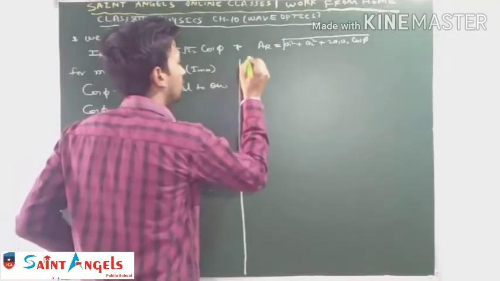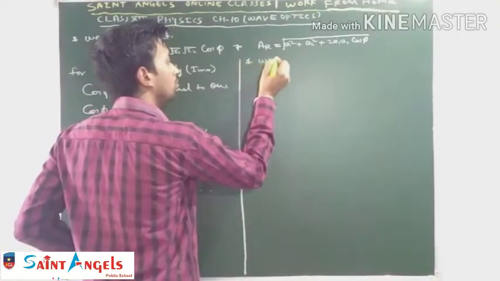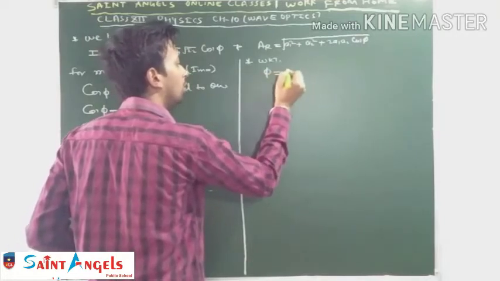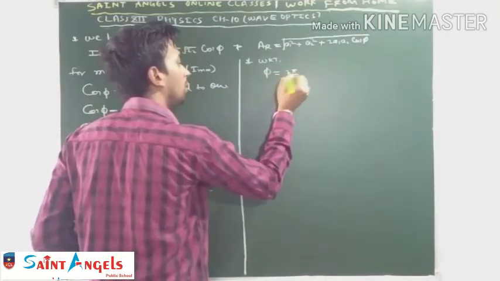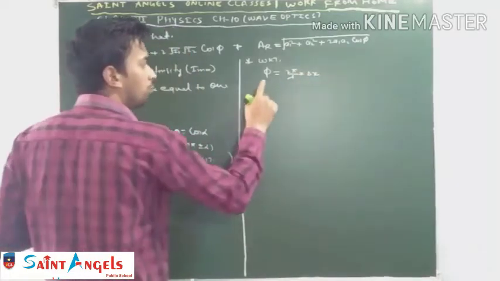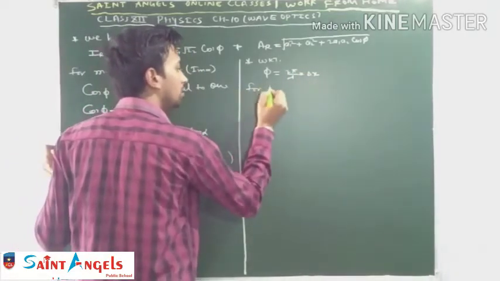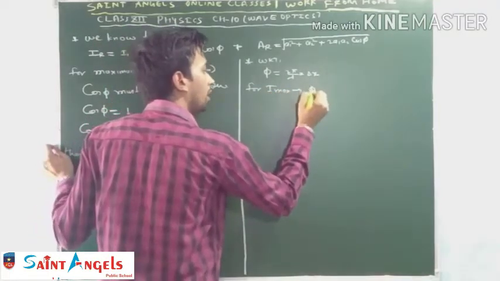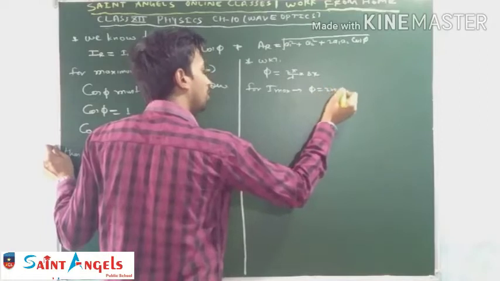So we also know that phase difference phi equal to 2 pi upon lambda into path difference. We know that for maximum intensity phi equal to 2n pi.